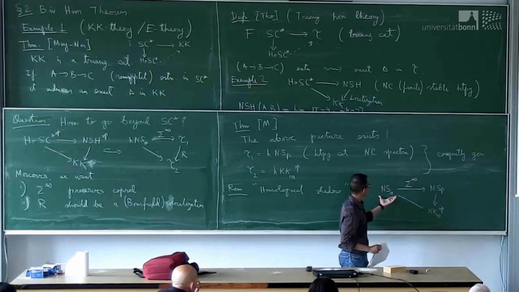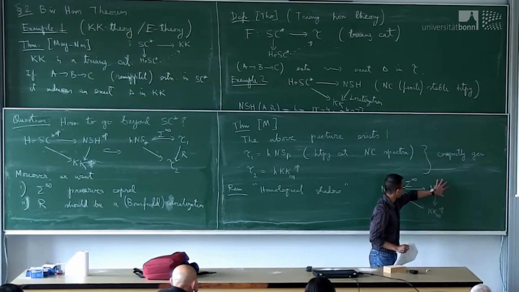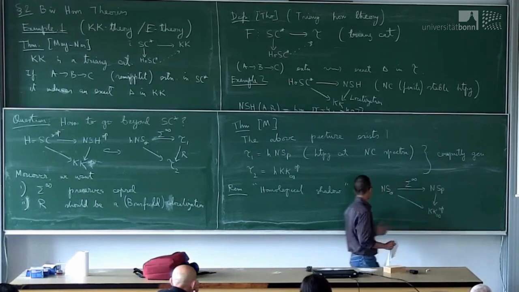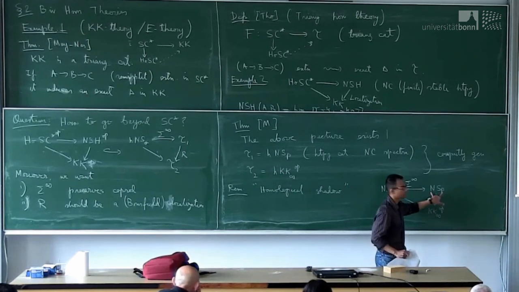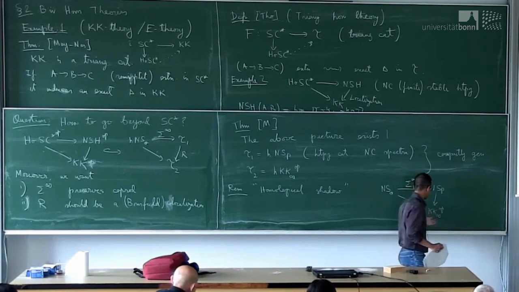You have pointed spaces. By the suspension spectrum functor, you go into non-commutative spectra as a localization, and because it is a Bousfield localization, this really can be seen as a subcategory after applying the left co-localization, so after applying the fully faithful left adjoint.